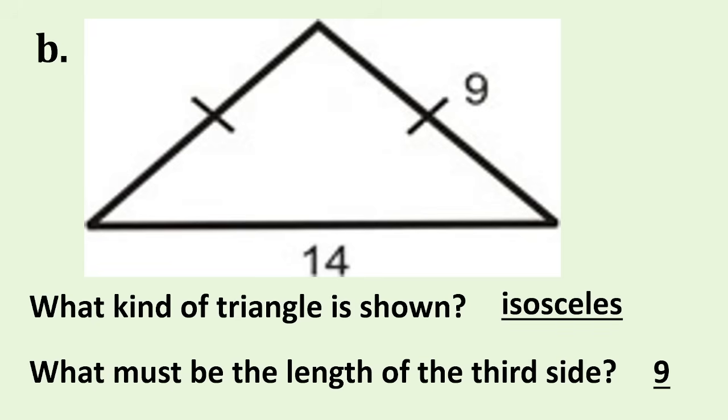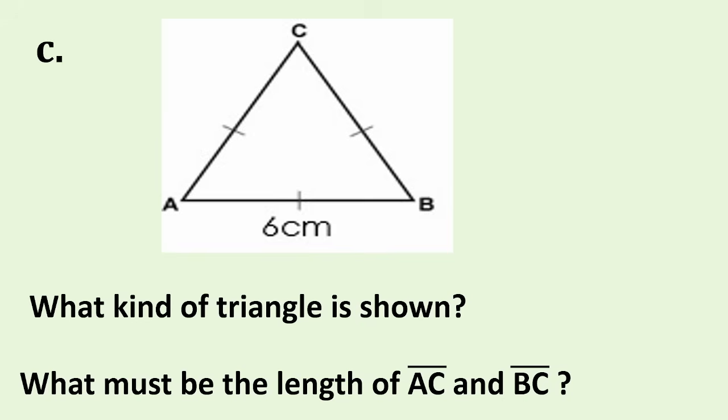So the answer is 9. Letter C. What kind of triangle is shown? Equilateral. What must be the length of line AC and line BC? 6 centimeters.